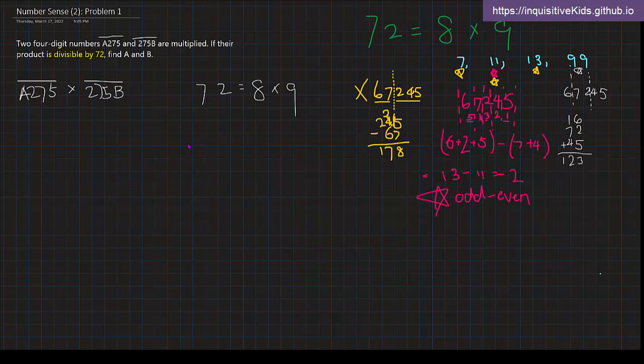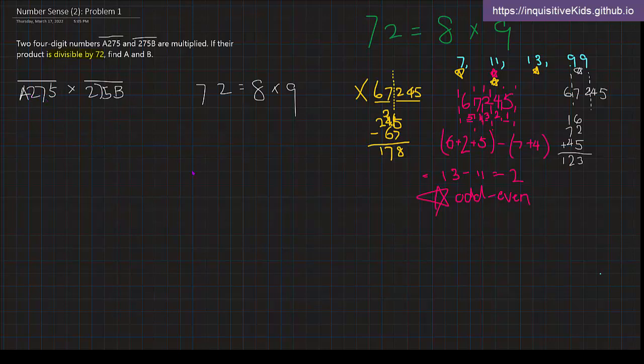But it's very clear that this first number right here, A275, cannot be a multiple of 8 because it is odd, ending in 5, which means that this second number right here has to be a multiple of 8. So if this number has to be a multiple of 8, then A275 should be a multiple of 9.